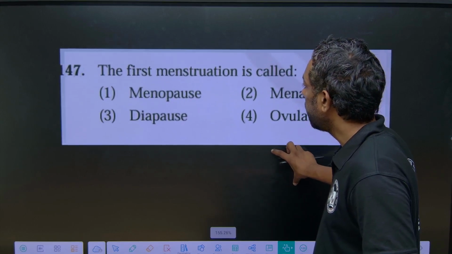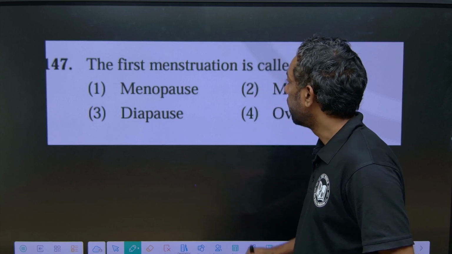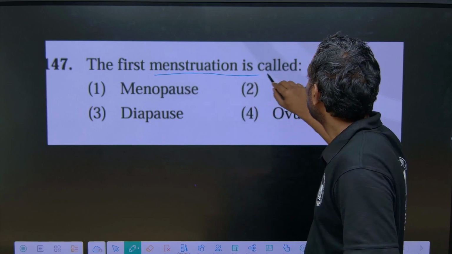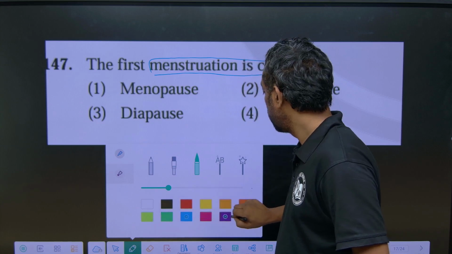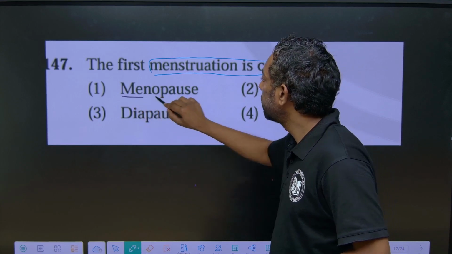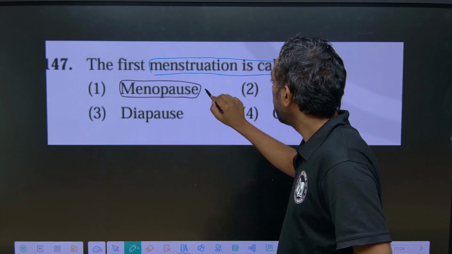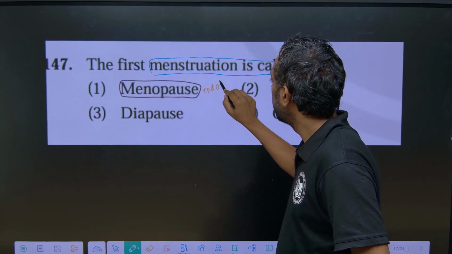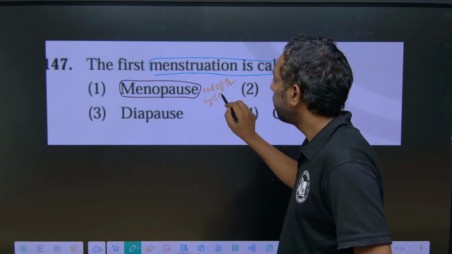This is a very easy question in the reproductive system. The first menstruation is called menarche. Monophase is the end of the menstrual cycle.